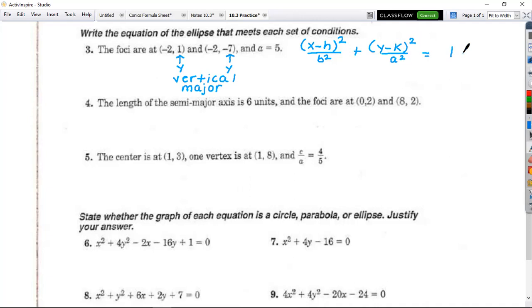I'm going to start putting some things in here. So I'm going to sketch this. So I have the points -2, 1 and -2, -7. So -2 and then 1 and then -7. So I'm like down here.